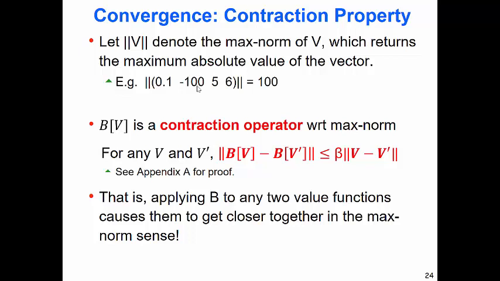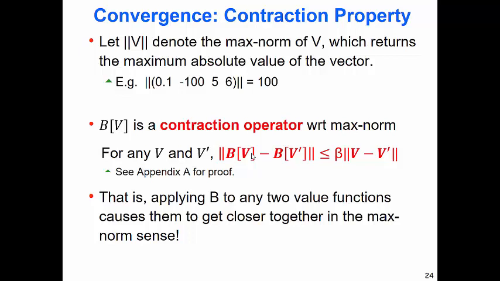So we're not using L2 distance or L1 distance. We're using max norm, which is a very fine or coarse notion of distance, depending on how you're thinking about it. The Bellman backup has a really special property with respect to the max norm. It's called a contraction operator. What this means is, if you take any two points, and our points here are value functions, right?